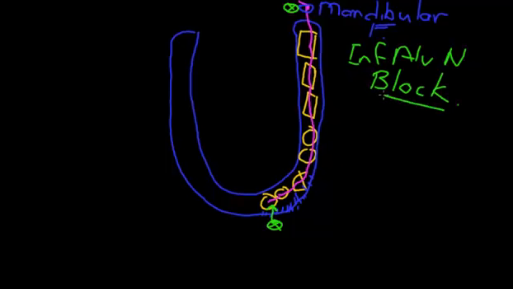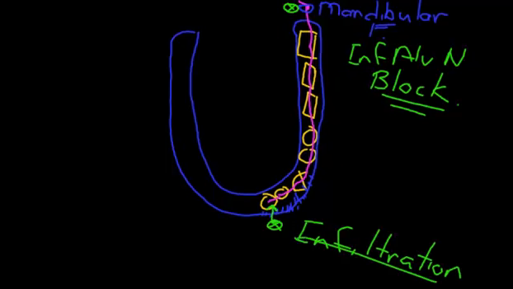Now, the word block is a very important word. A block is different from an infiltration, which we used down here. A block means that we block action potentials at a point distant from where we want the effect, and it blocks a whole region.